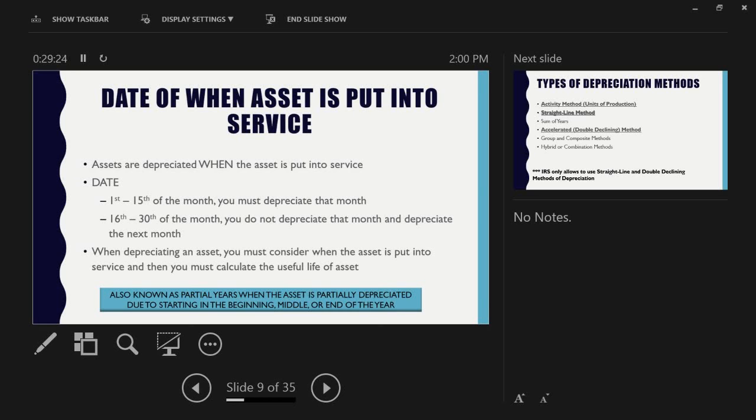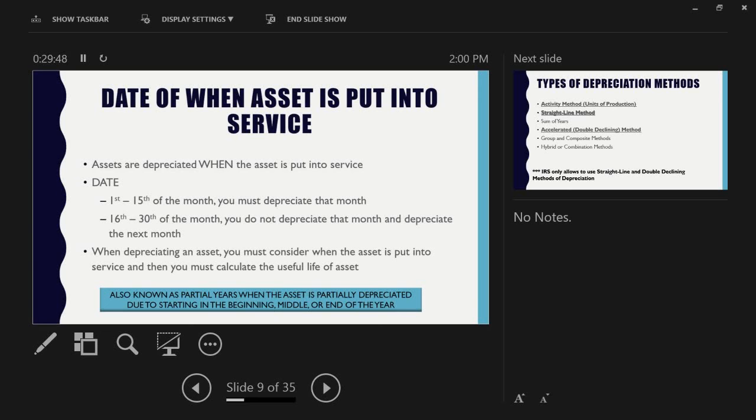But for this scenario, I would like you to understand how depreciation works, whether it's given in months, in quarters, or at any given point in time. Just understand that when you buy an asset and put it into service, the day that you put it into service is going to mark its first day.